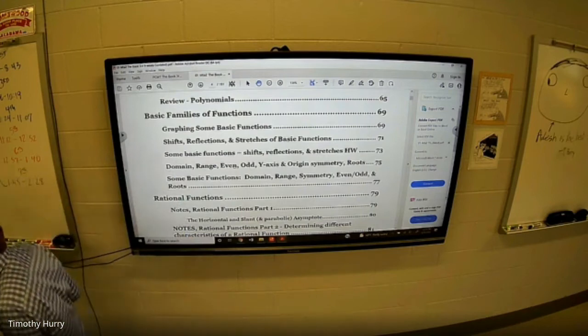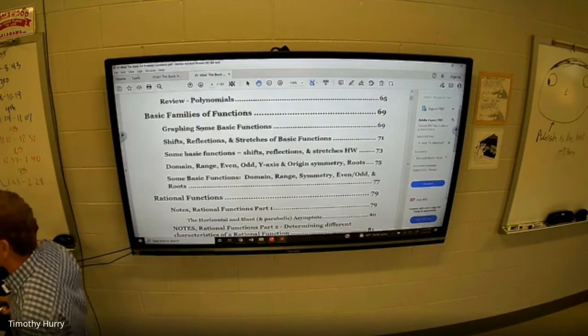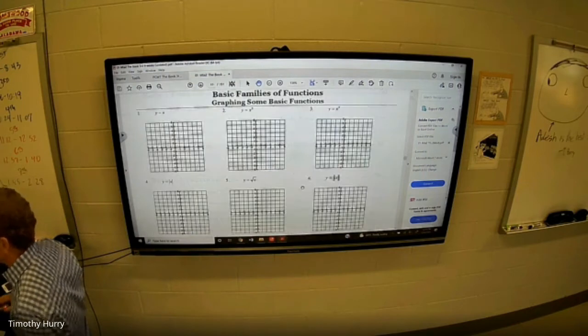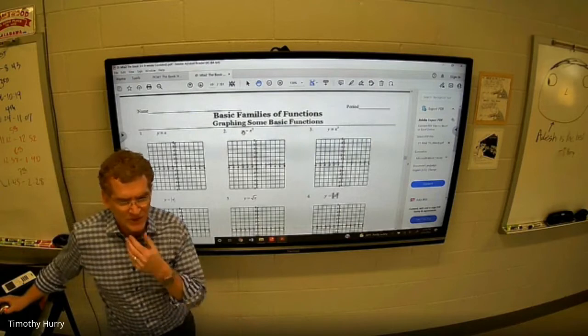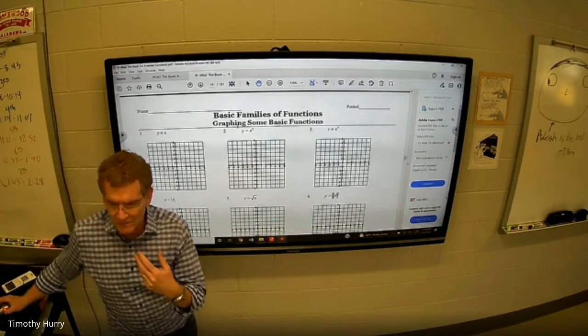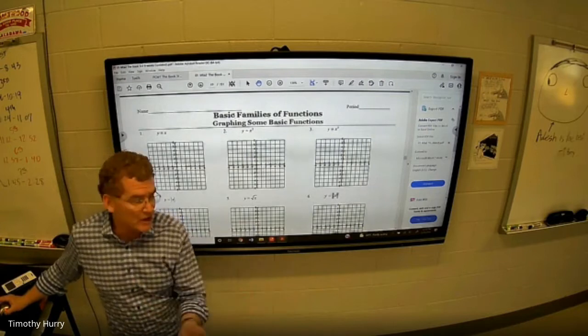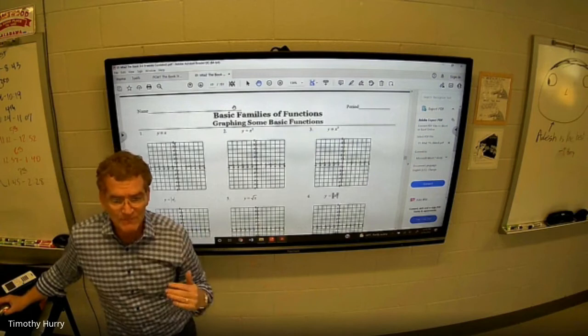All right, so we are going to jump. What I was going to cover for all of this chapter typically is we start out with the basic functions, which you may or may not have done last year. We've learned a lot more, like basic log functions and exponential functions. I'm going to skip that for now.